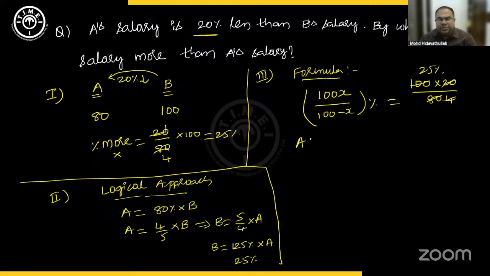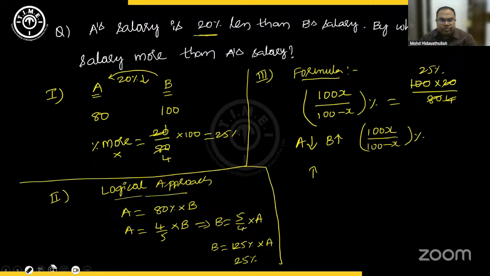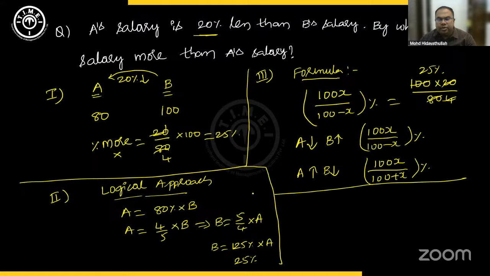If A is X% less, B will be how much percent more? 100x by (100 minus X)%. Similarly, if A is X% more, B is how much percent less? 100x by (100 plus x). This is the formula approach.